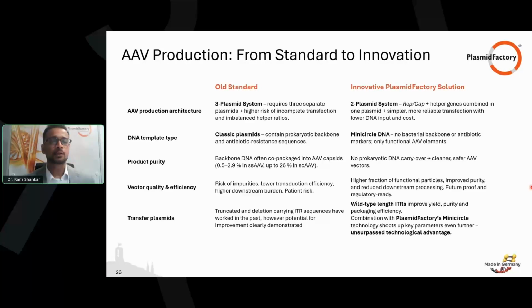Finally, the combination of these wild-type length ITR sequences and the PlasmidFactory minicircle technology was key in shooting up these parameters even further, increasing the yield 3-fold, increasing the genomic purity by bringing down the detection of backbone sequences below the level of quantification, and by increasing capsid loading. So this represents the latest in this field, and this is an unsurpassed technological advantage ready for you.